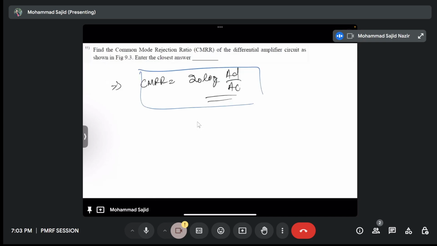Also important parameters, CMRR is 20 log AD by AC. The higher the CMRR, the better the circuit.